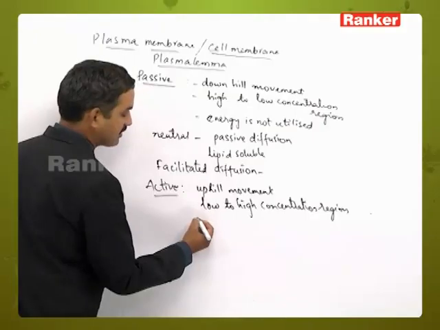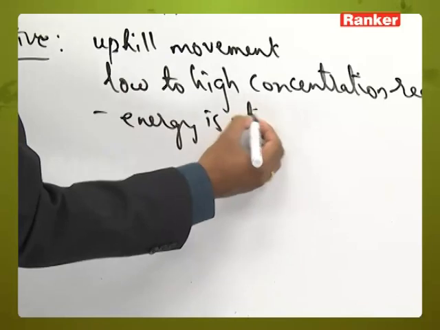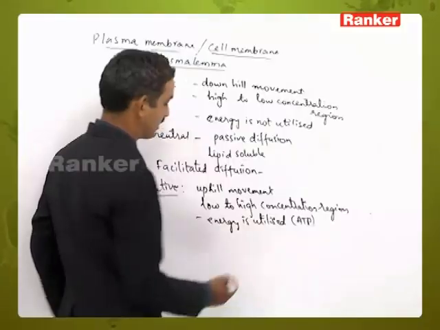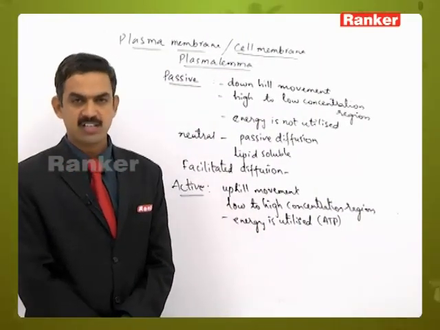For this process they require energy. So energy is utilized, and energy in the form of ATP is utilized for this process. So here the movement is from low to high concentration.